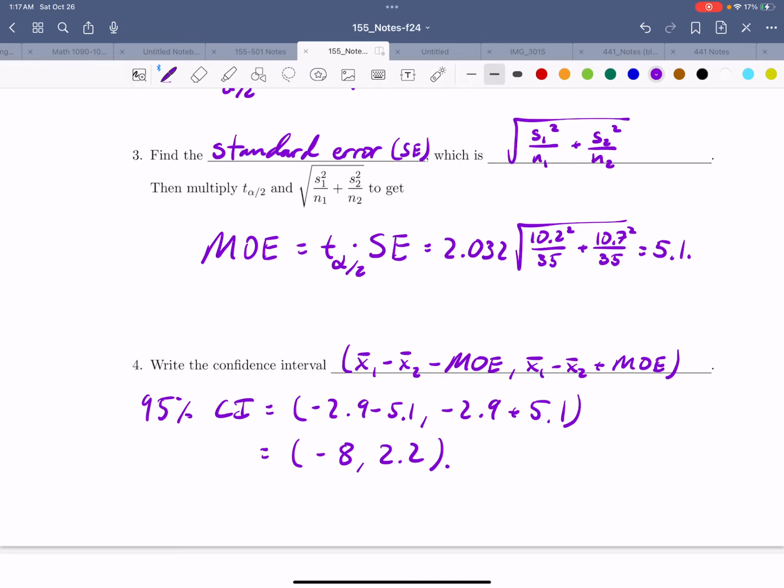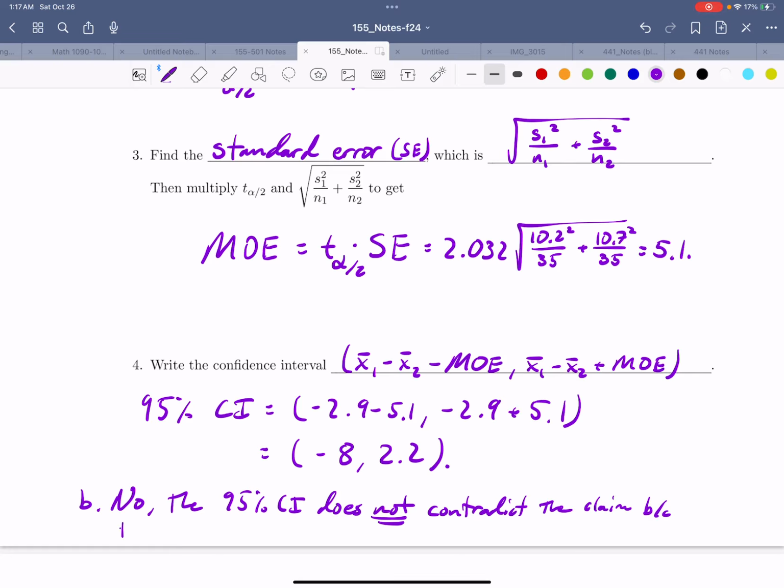So no, the confidence interval does not contradict the claim. Right, because the difference 0 is in the confidence interval. Okay, done. That's all we need to write.